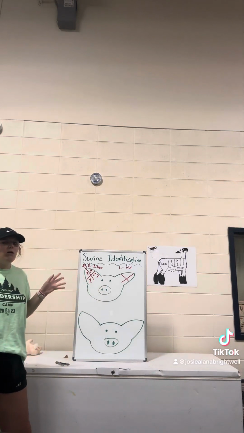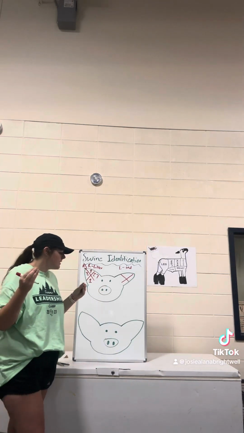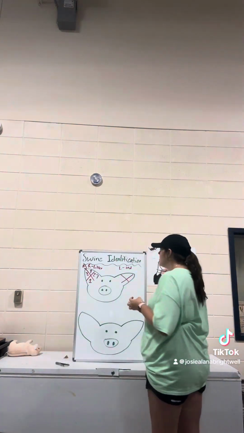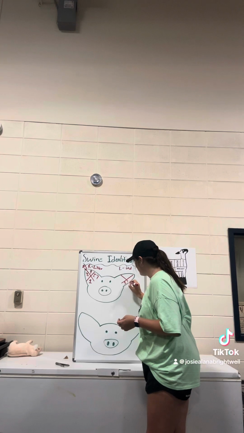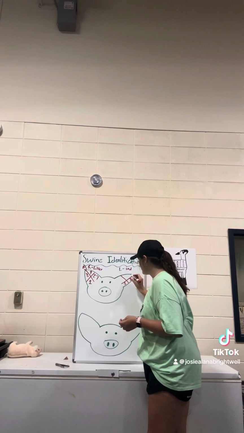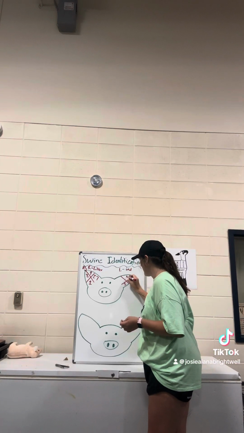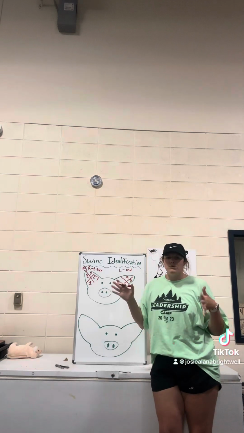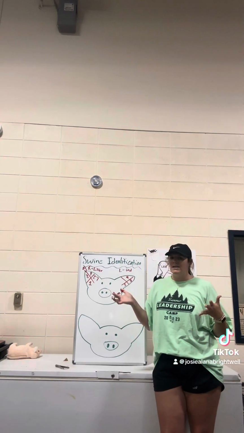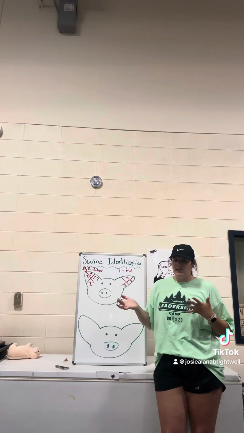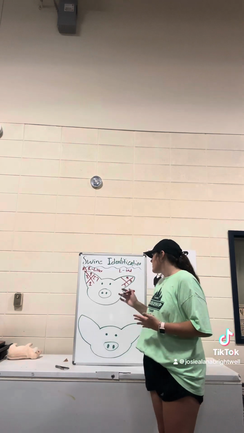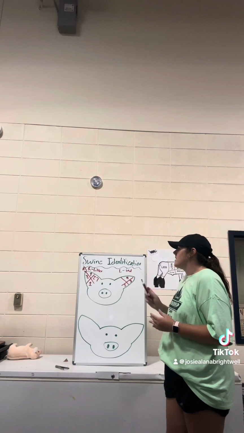These are all multiples of 3. Swapping to our individual ear, we're doing the same numbers. So we start at the bottom with 1, go up to 3, and then we have 9. We don't do 27 because typically there's not going to be 27 piglets in a litter. It's going to stay around 12. So that's what all these mean.